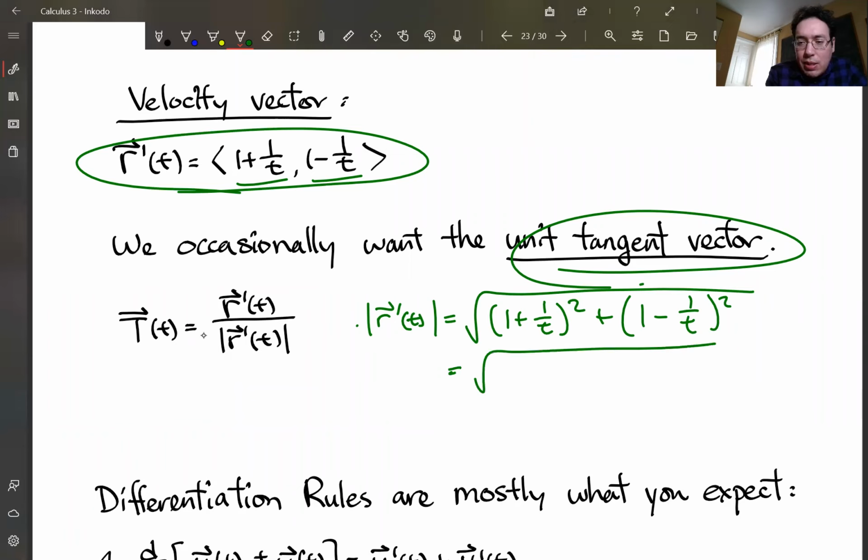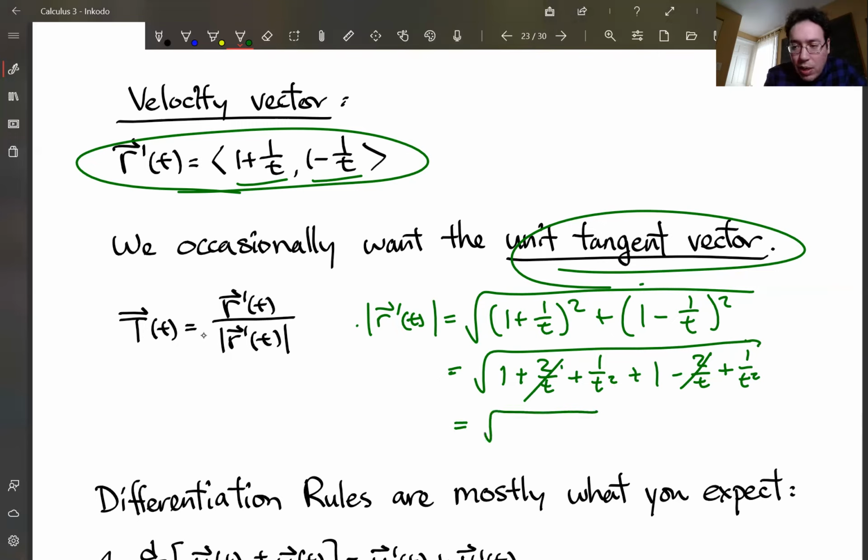Okay, so let's see, in this setting, if we FOIL everything out, we'll get 1 squared plus 2 times the cross term plus 1 over t squared, plus 1 squared minus 2 over t plus 1 over t squared. The cross term cancels out, and we'll get 2 plus 2 over t squared.